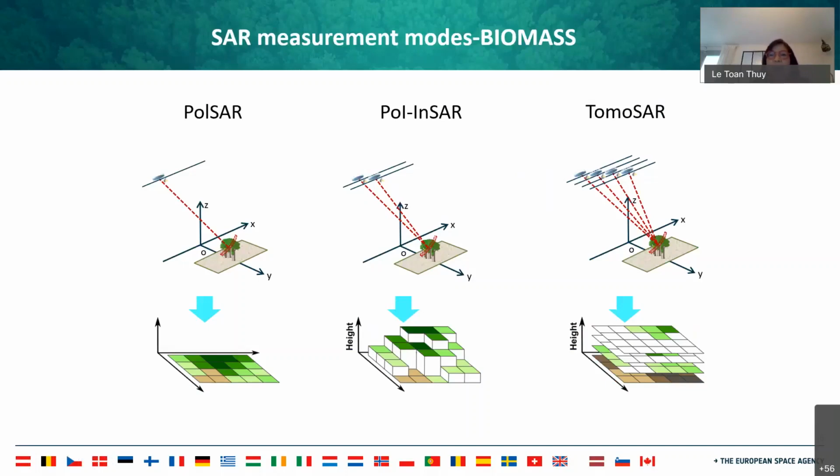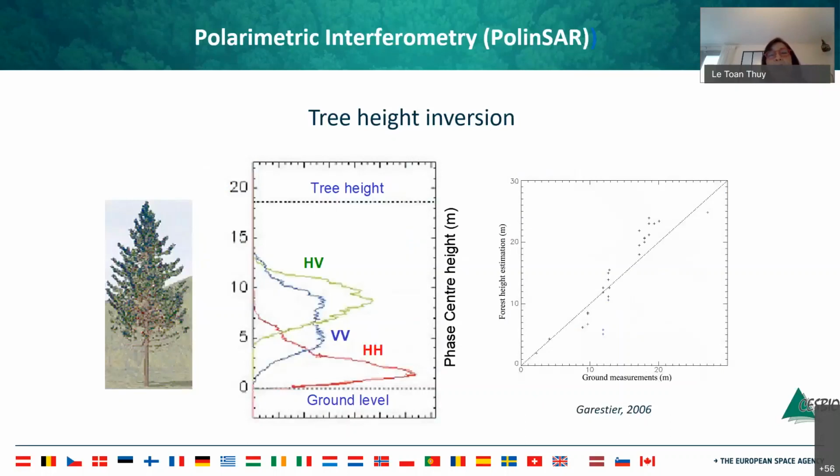And if you take one polarimetric image, the phase of exactly one image with one polarization is not useful. You cannot use it. Let's see why.